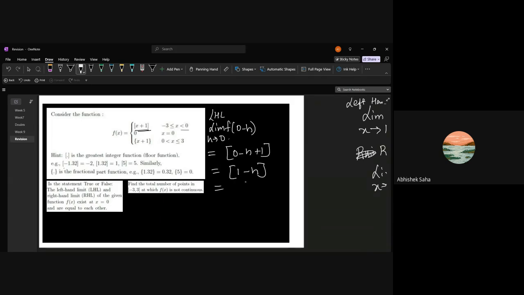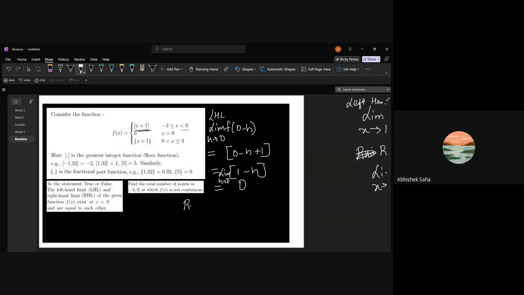What is the greatest integer of 1 minus h, where h tends to 0? Here h is something close to 0, like 0.0001. If you remove that value, what will be the greatest integer of this? 0, right? So the greatest integer will be 0, so I should write 0 here.